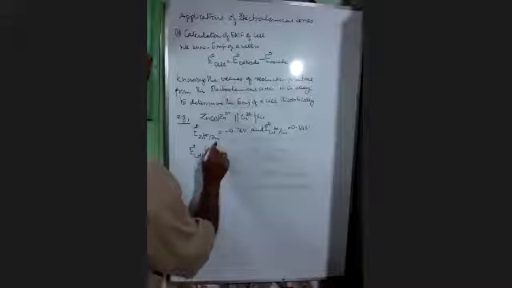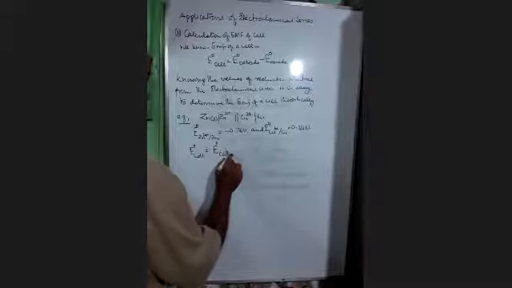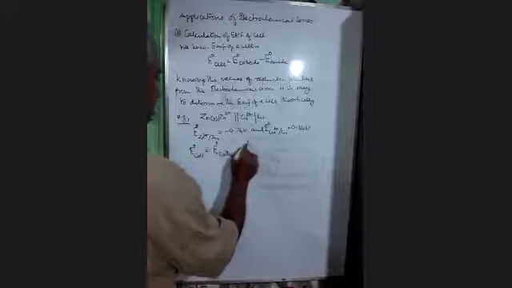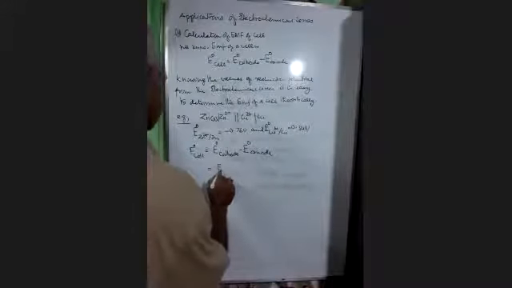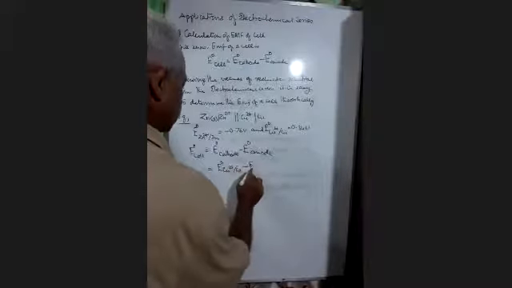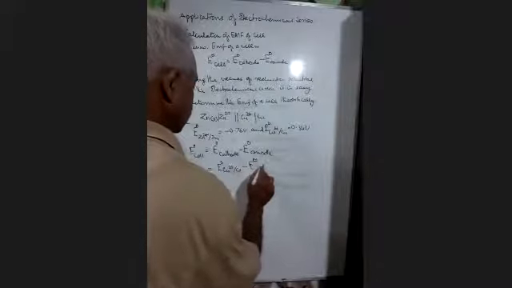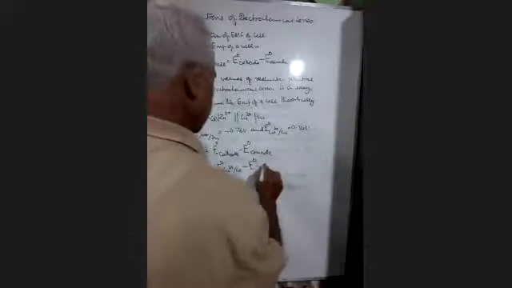So right now here, E0 cell is equal to what? E0 cathode minus E0 anode. Which is higher? This is higher. So I'll write E0 Cu2+/Cu minus E0 Zn2+/Zn.